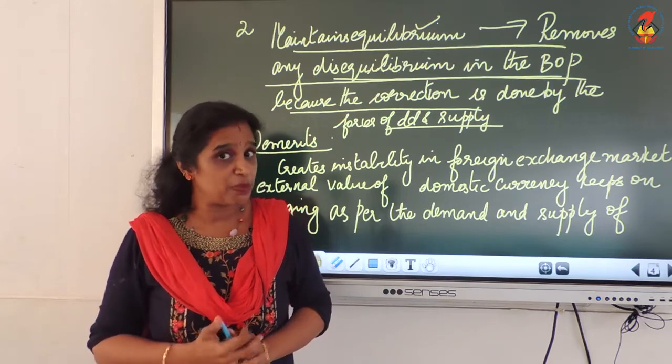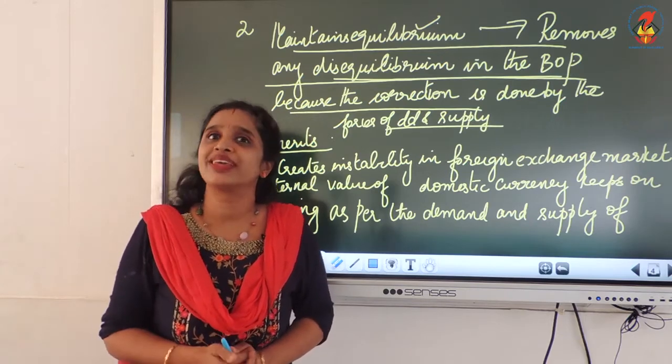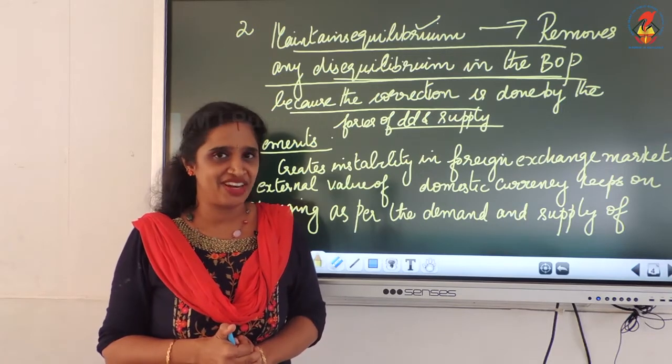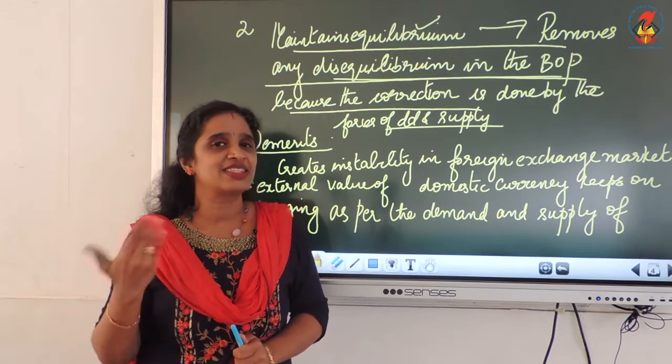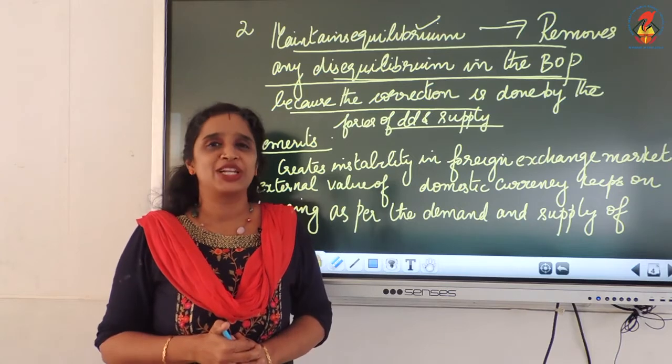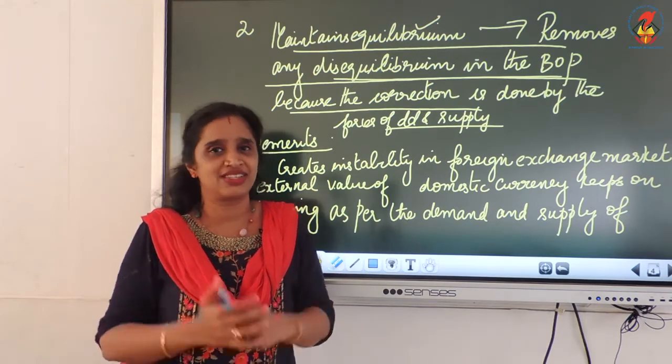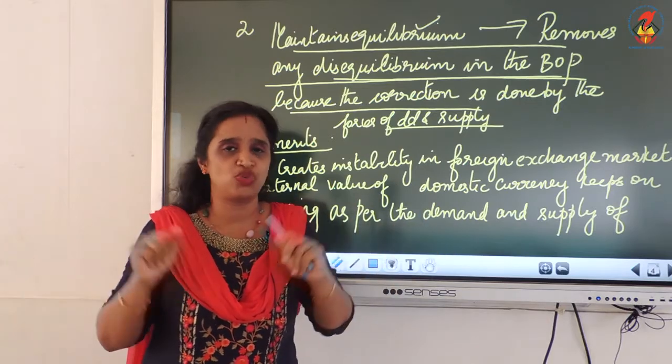If the government fixes the exchange rate below the market level or above the market level, what happens? There will be either a surplus or a deficit in the balance of payment. Such a situation will not be there here, because it is not fixed. It always keeps on fluctuating.